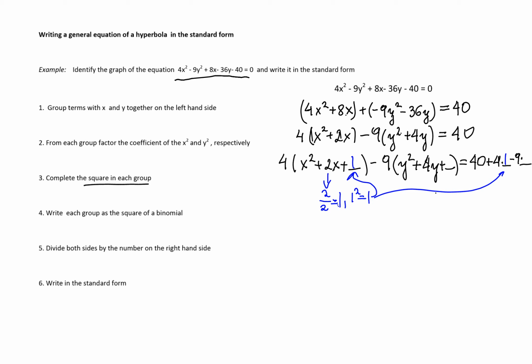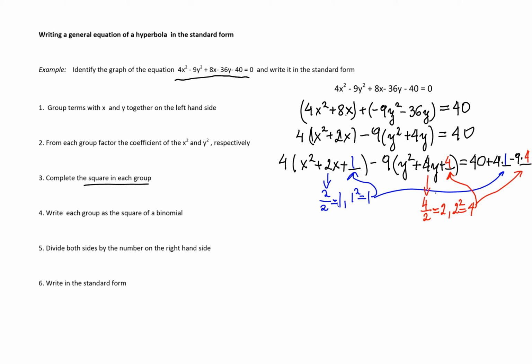For the group of y, we'll do the same. We'll take the coefficient of y, which is 4, divide by 2, and we'll obtain 2. We square that number and we obtain 4, and that 4 goes into the place in the group as well as on the other side of this equation.